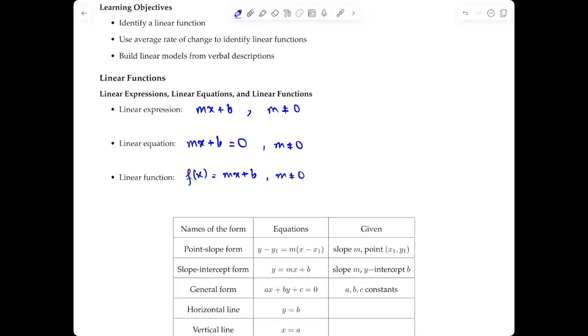In general, functions that are not linear are called nonlinear functions.